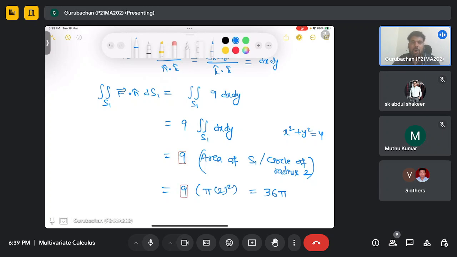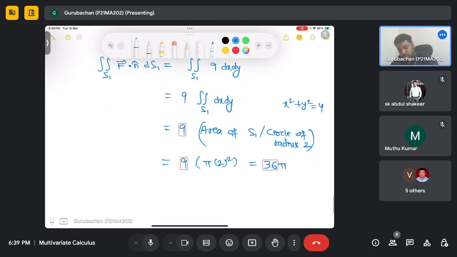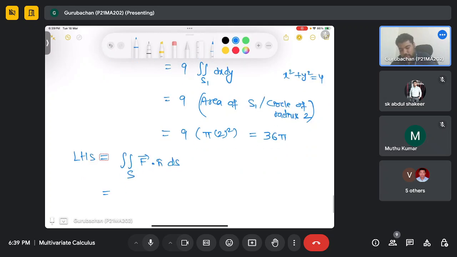Now we have covered all three surfaces. We can guarantee that the LHS, the integral of F dot n cap dS over the whole S, is the flux over S1 plus the flux over S2 plus the flux over S3.